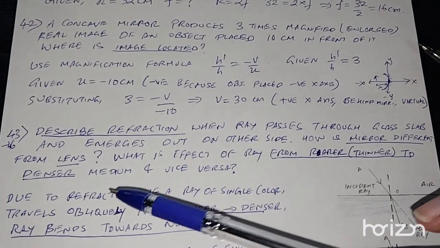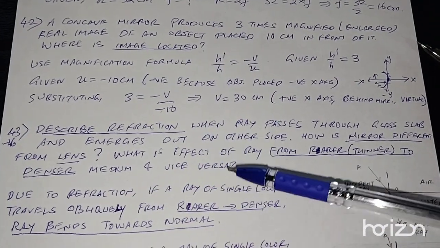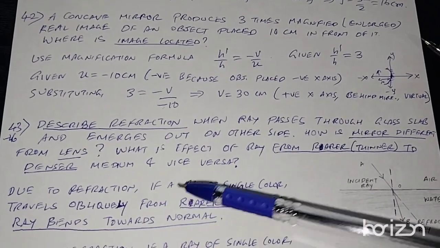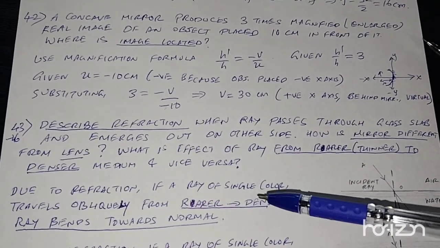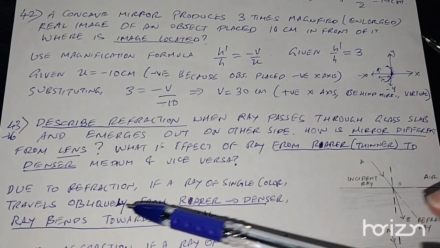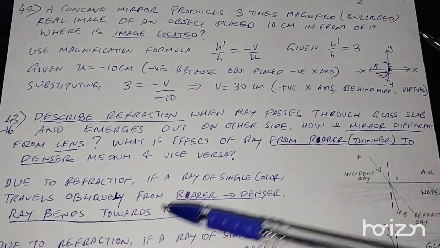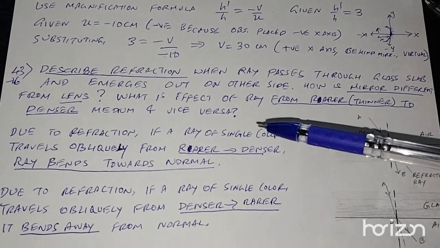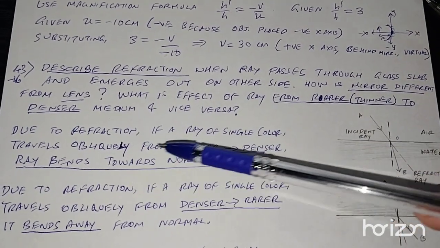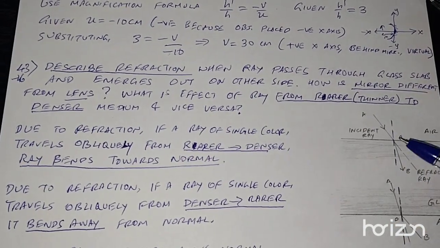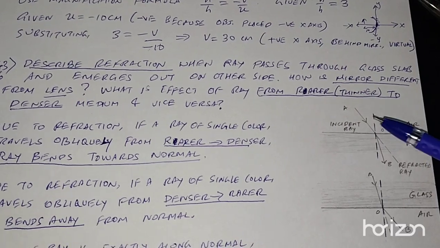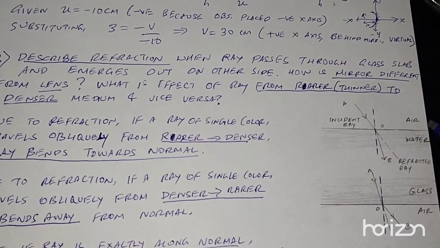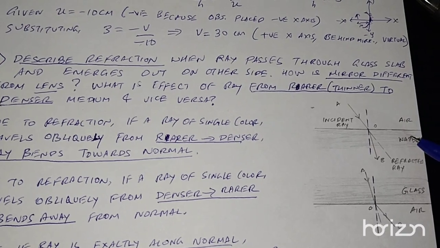The answer is, due to refraction, if a ray of single color travels obliquely from a rarer, thinner to denser medium, the ray bends towards the normal. This is very important. When it goes from a rarer, that is thinner, to denser medium, the ray bends towards the normal. So we have shown this in diagram. You can see that AO is the incident ray, and it is going from air into water.